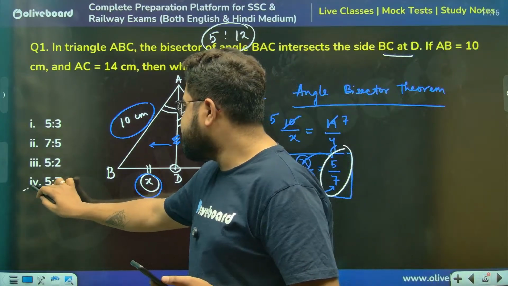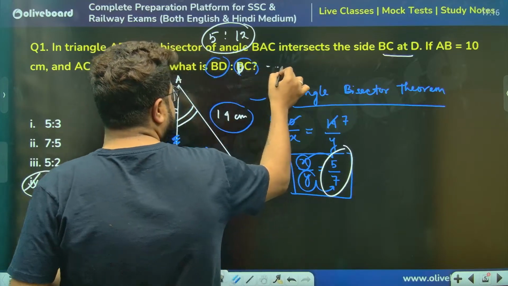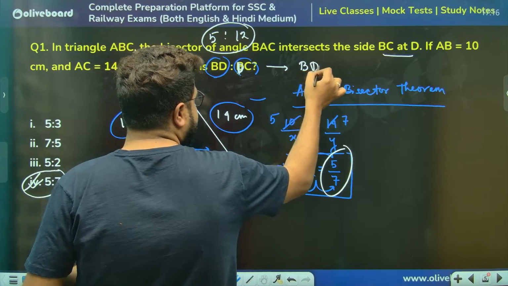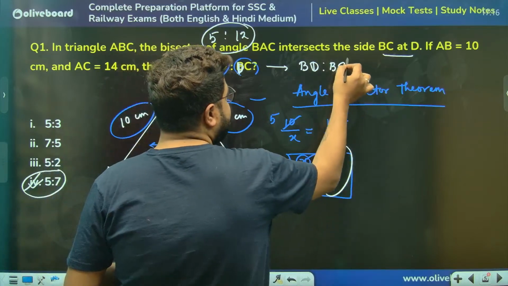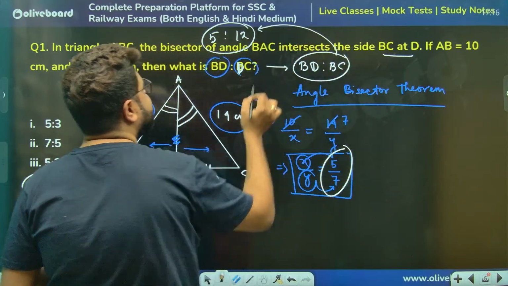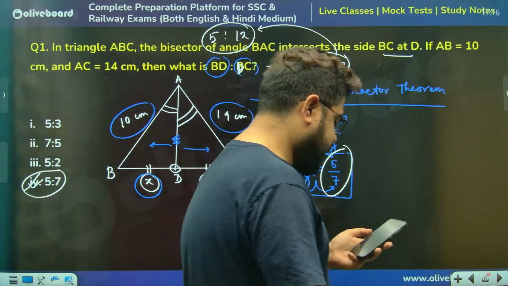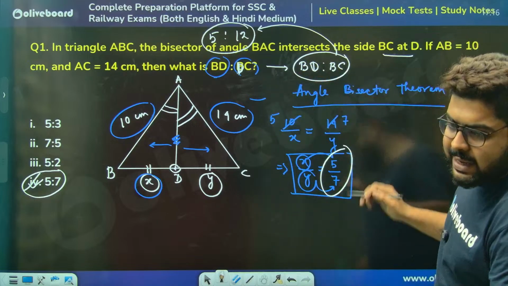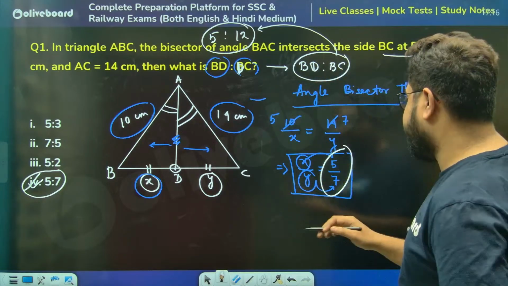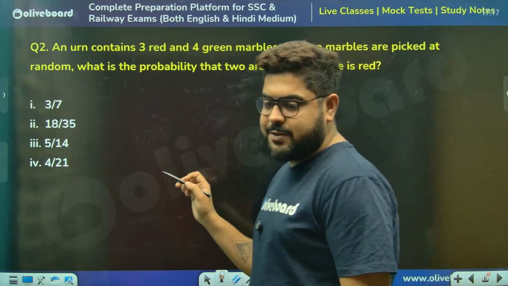There was a small printing mistake. If the question was BD ratio BC, then your answer would have been 5 ratio 12. No worries. Whoever made this PPT, the typist, must have gotten confused between B and D.